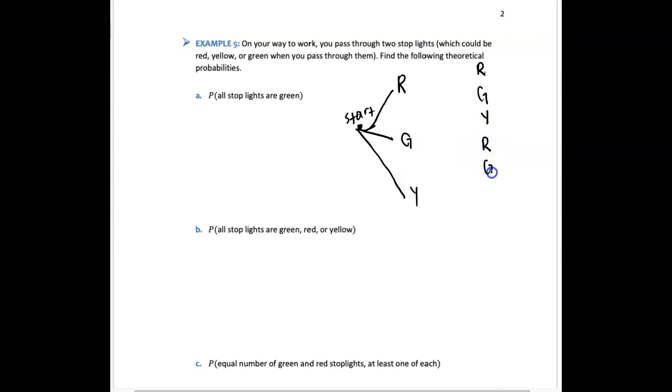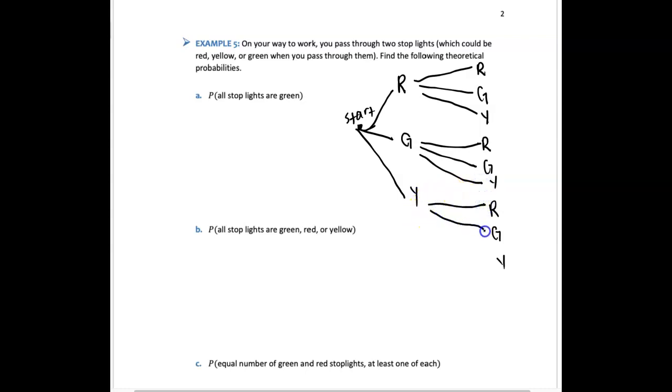Red, green, or yellow. And red, green, or yellow. Okay. Again, you could have made a vertical or a horizontal tree. I choose to make mine like this. And this shows all of the outcomes that are possible when you pass through 2 stoplights on your way to work.